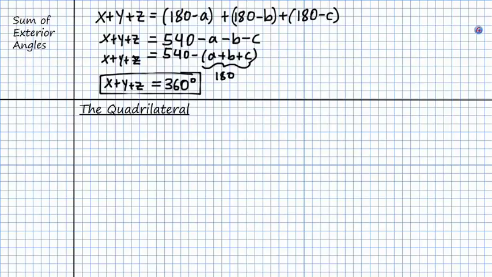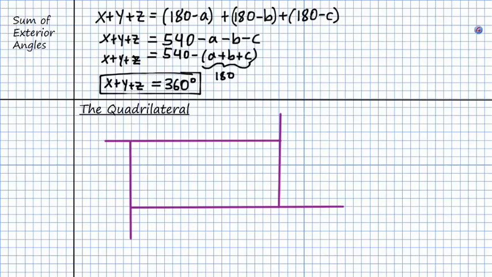All right, now let's test this. Let's go ahead and test it on a quadrilateral. All right, so let's go through the same process. So you have now A, B, C, and D, and then you have W, X, Y, and Z. And just for training purposes, what we're going to say is that these are going to be angles.